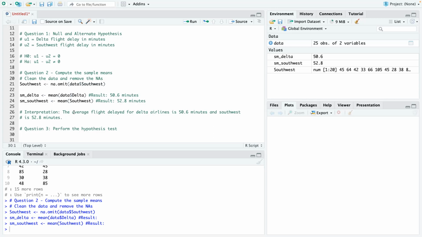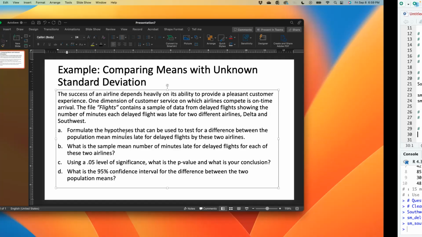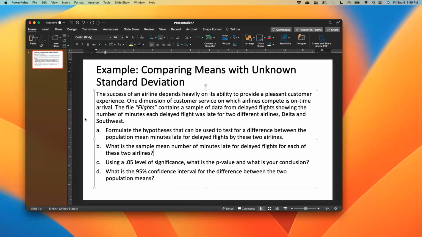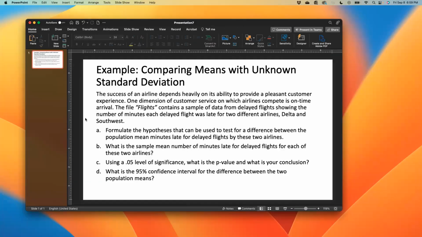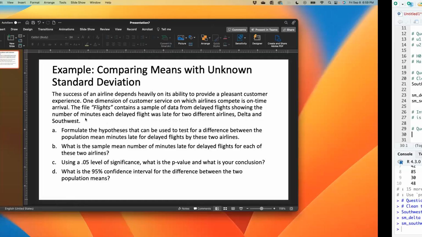Basically, we're using the sample standard deviation to estimate the population standard deviation, because it has not been given to us in this question. So the right test statistic that we have to use is the t-test, or the t statistic. That's what we have to use for this problem.